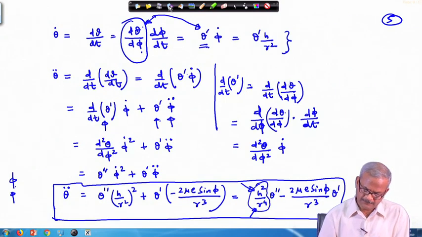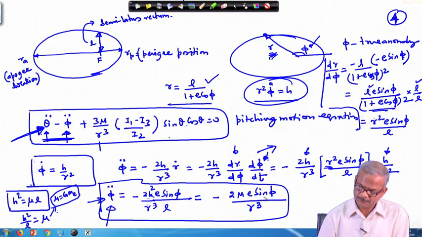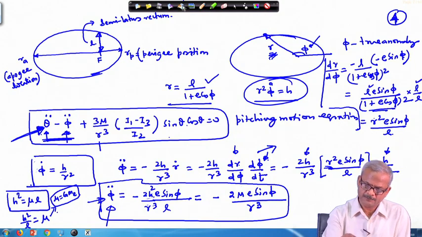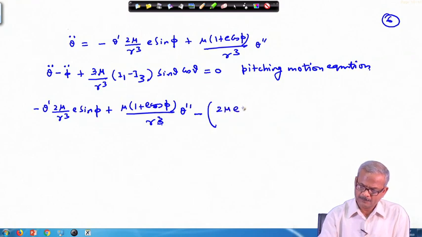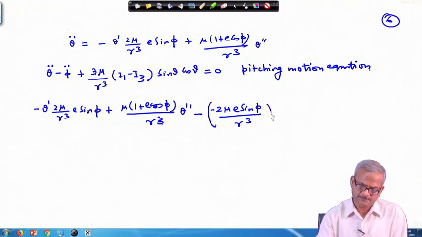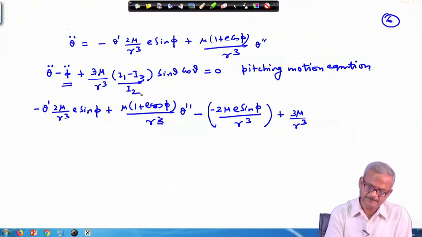So, phi double prime we have derived earlier, this is minus 2 mu E sin phi by r cube, with a minus sign. So, this is the quantity phi double dot, and then 3 mu by r cube I 1 minus I 3, there is also the division by I 2.